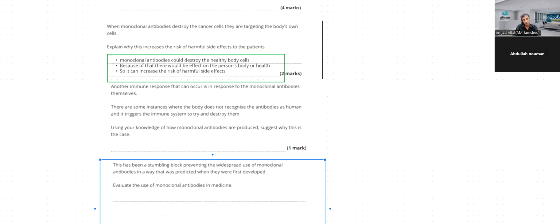Yes, that's 1 mark. We can mention that there would be an effect on the person's body or health, so it can increase the risk of harmful side effects. Okay, but how can we improve the second point?